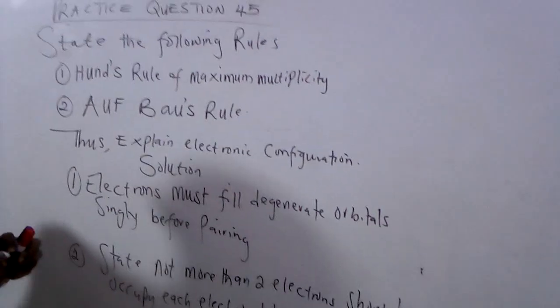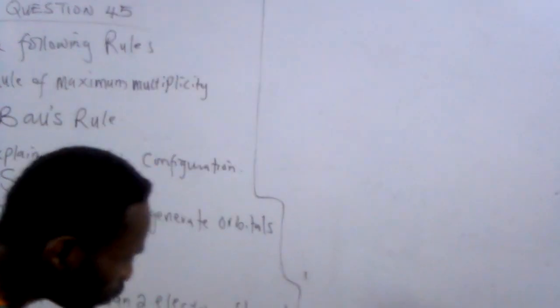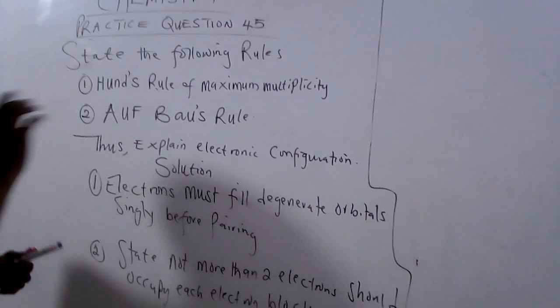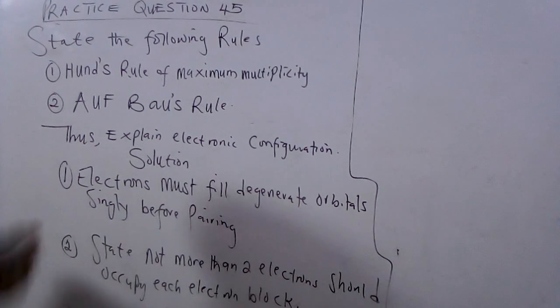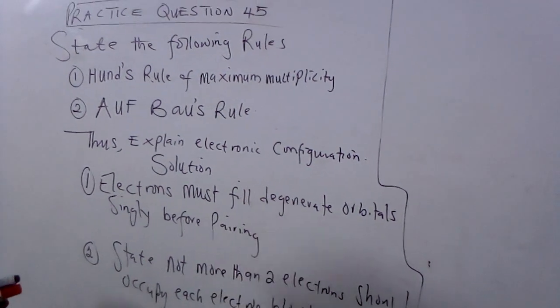Now let's use a simple narrative to explain both Hund's rule and Aufbau's principle by taking a look at the electronic configuration of just three atoms.